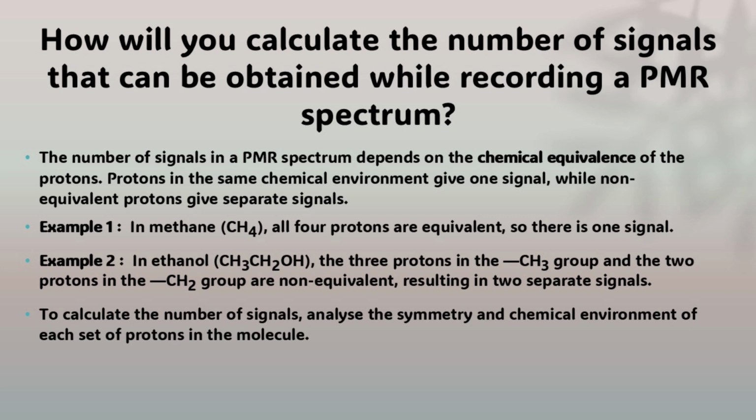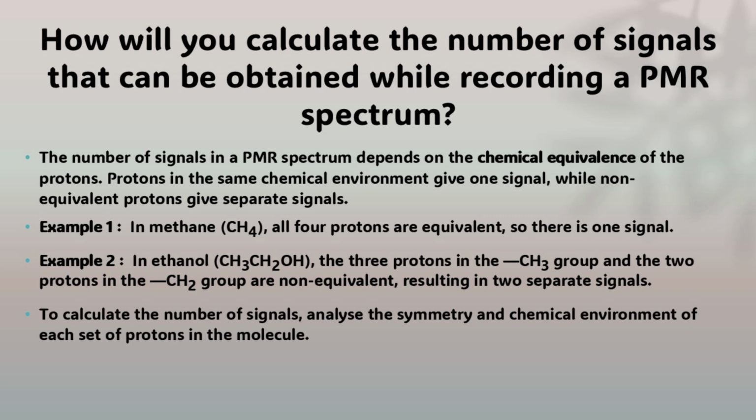The next question is question number 29. How will you calculate the number of signals that can be obtained while recording a PMR spectrum? Explain with the help of some examples. The answer to this question is, the number of signals in a PMR spectrum depends on the chemical equivalence of the protons. Protons in the same chemical environment give one signal, while non-equivalent protons give separate signals.